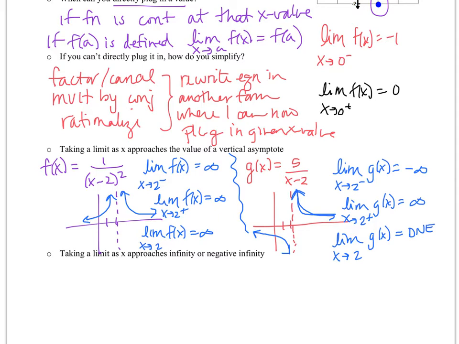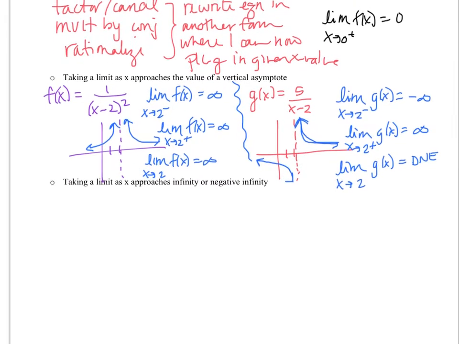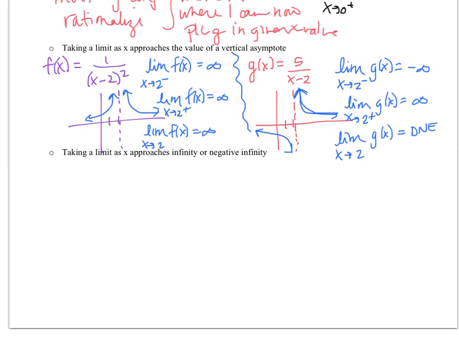Now, if I'm asking you to take the limit as x approaches infinity or negative infinity, we want to ask ourselves what kind of function we are dealing with. If we are dealing with a rational function, like the two that I graphed above, then my limit will approach the value of that horizontal asymptote.